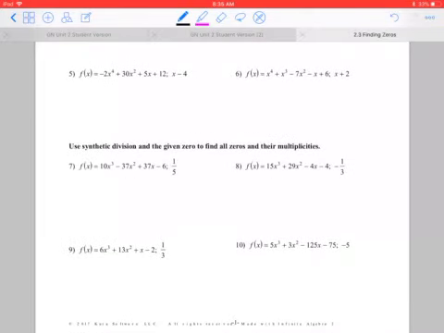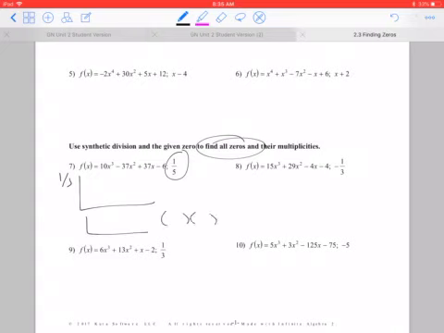Second set, you're going to go through and actually find them all. So they give you the first one, just like our guided notes. You set it up, and then you're either going to set up another one, or you can do factoring. Either one works. Your final answer should be a list of zeros.